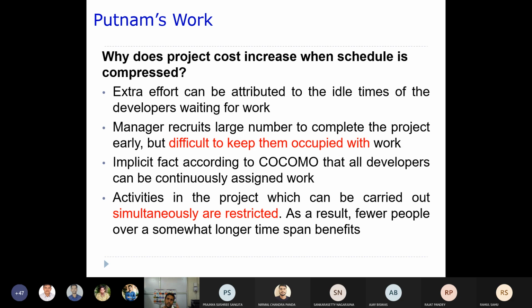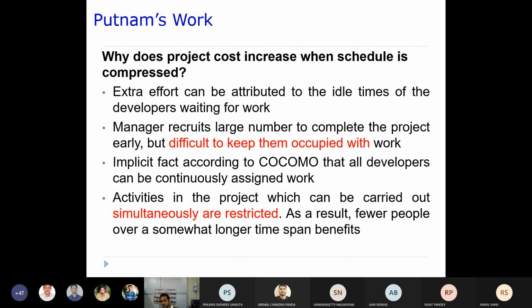Once the design is completed, only then can we go into coding. You cannot do everything in parallel. What you can do is ask the coder to do some design activity, or you can recruit a few new people for this particular project.